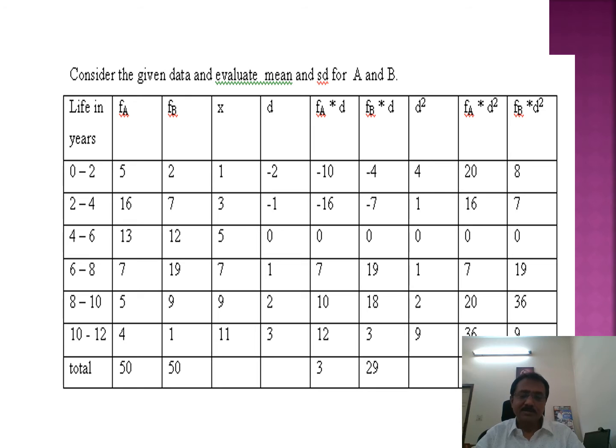We know the formula for evaluation. Coefficient of variation is nothing but standard deviation by arithmetic mean, into 100. So consider the data set of A, evaluate the mean and standard deviation with the usual process.